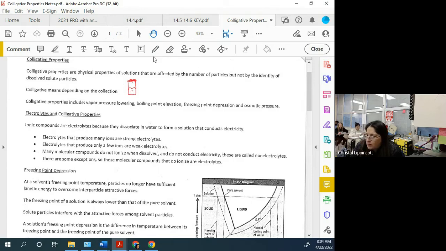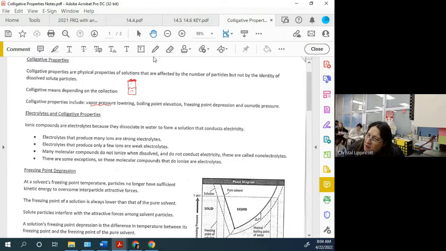It's sealed, so nothing's leaving the container. The gas molecules then are going to exert pressure on the sides of that container. So that's what vapor pressure is. Does that make sense? Okay.